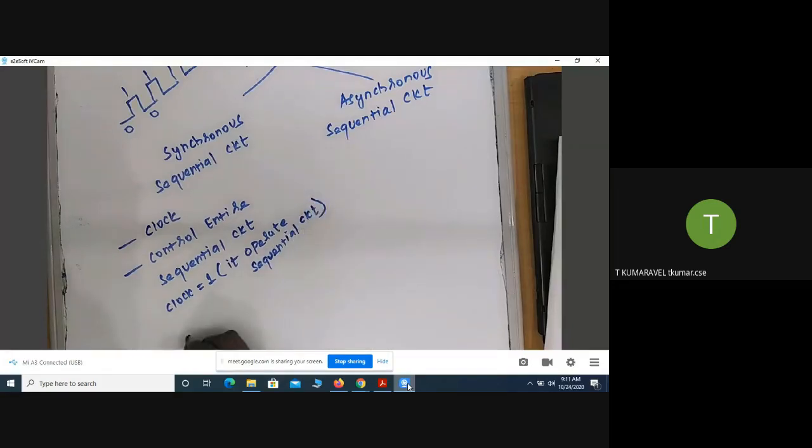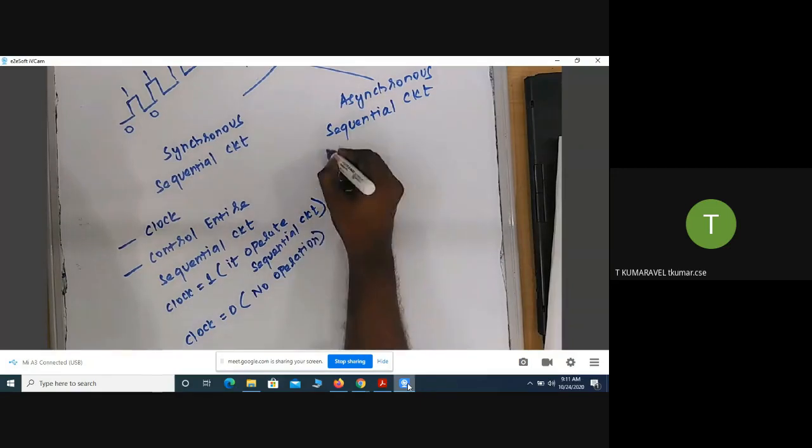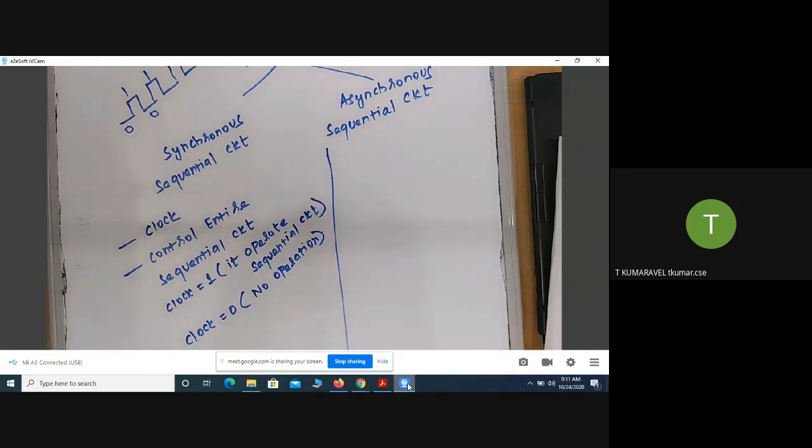Whenever the clock value equals 0, what happens? It does not operate, no operation. This is the way it controls the sequential circuit.